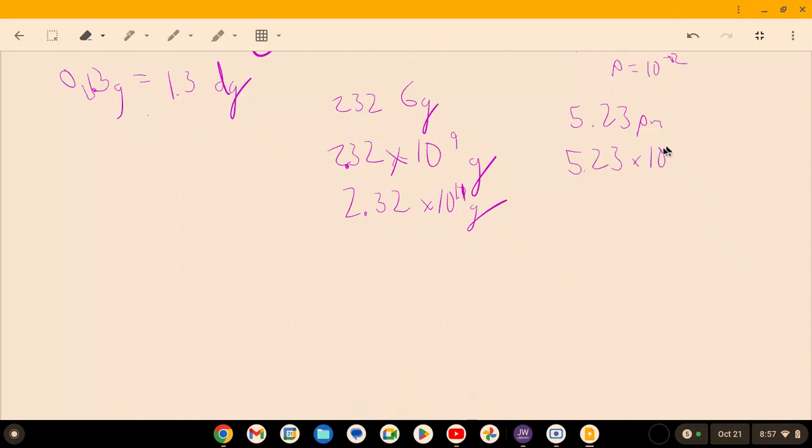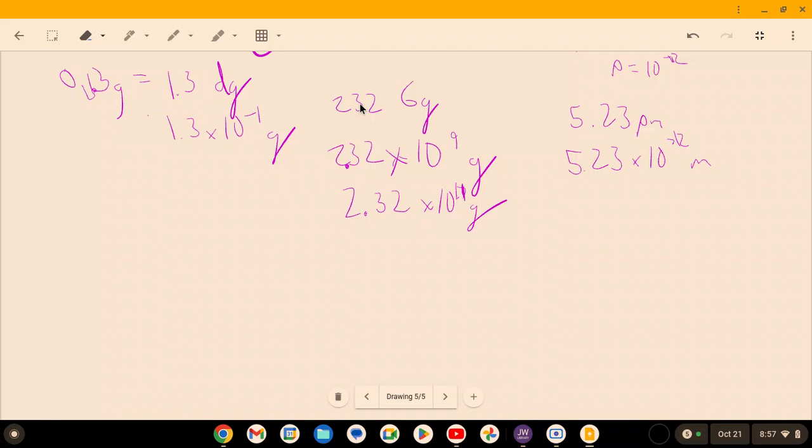3 times 10 to the negative 12 meters. That's it, actually. Oh! I wasn't asking for the units.